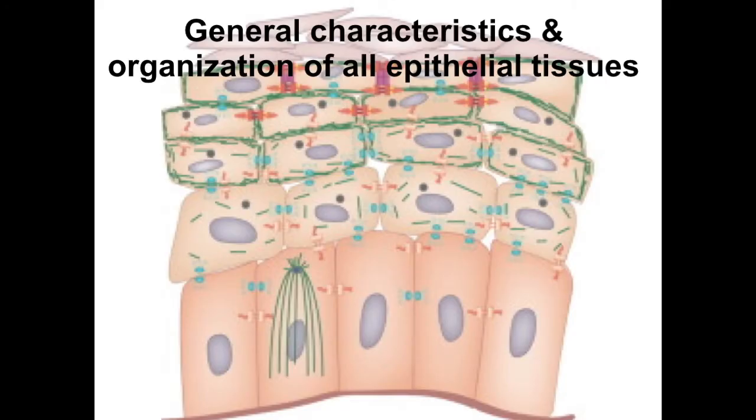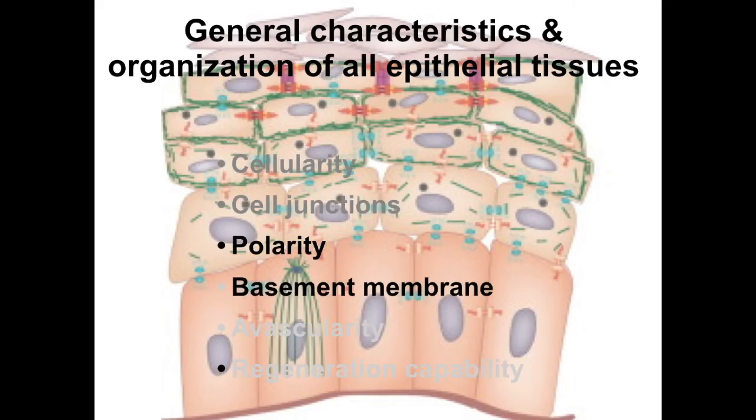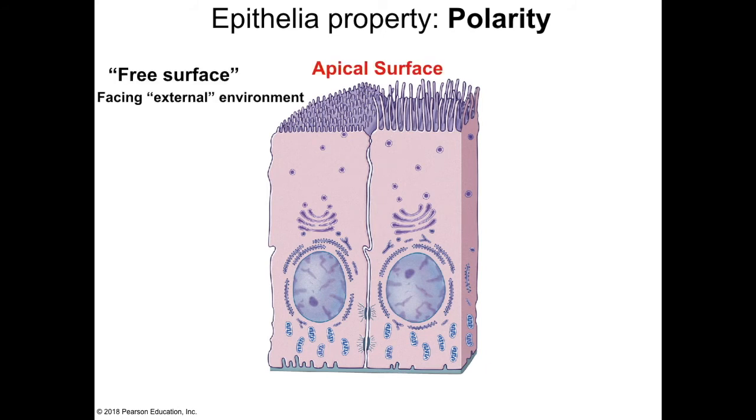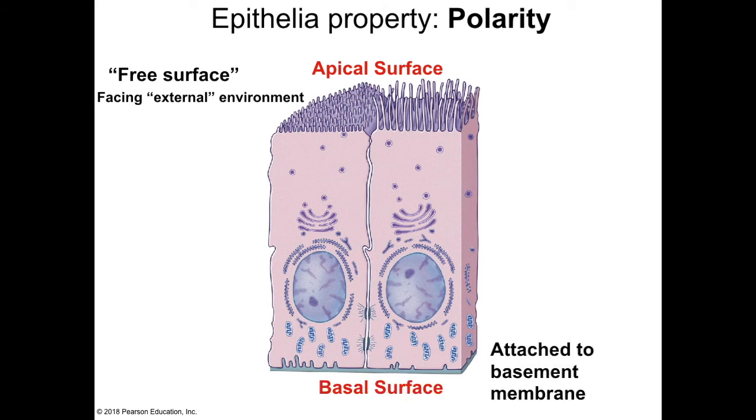The next two characteristics, we'll talk about them together, that is the polarity and the basement membrane. The term polarity means there's a difference between one side of the cell and the other. All epithelia have a free apical surface, which abuts the open space of a cavity, tubule, gland, or hollow organ, and a basal surface which lies on a thin supporting sheet called the basement membrane.